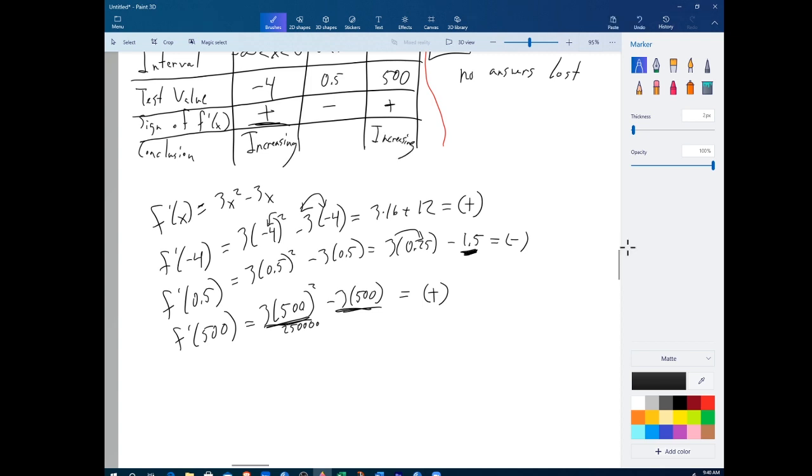And when it's negative, what are you doing? All right, got it from Francisco, Keaton, Mia, Annie, Melina. You are decreasing. All right.